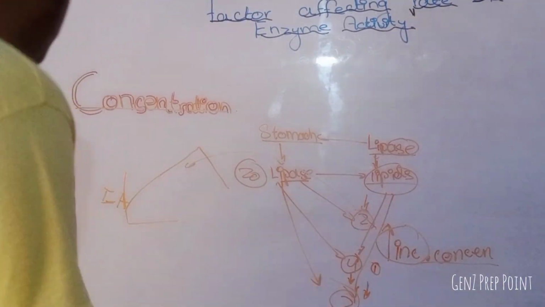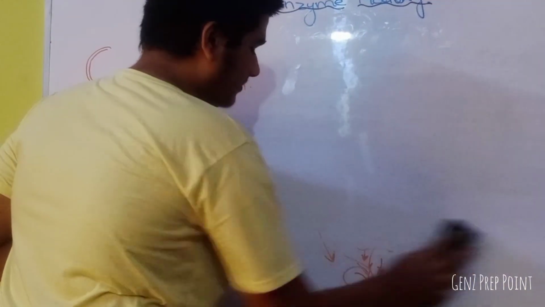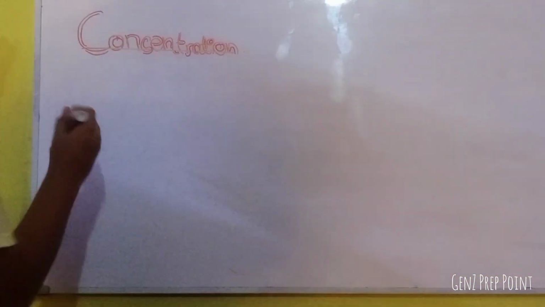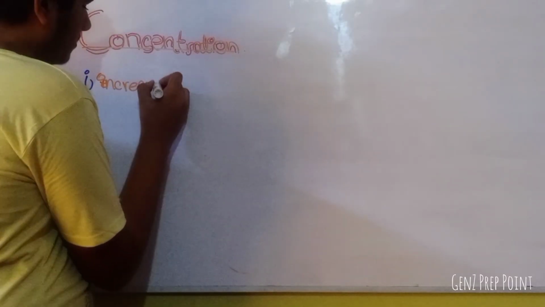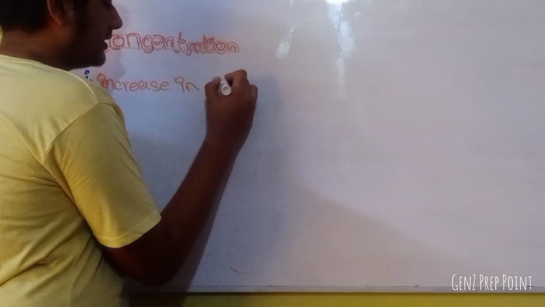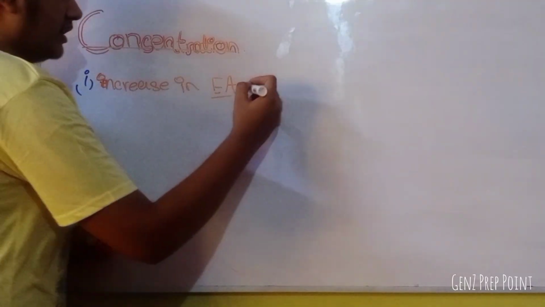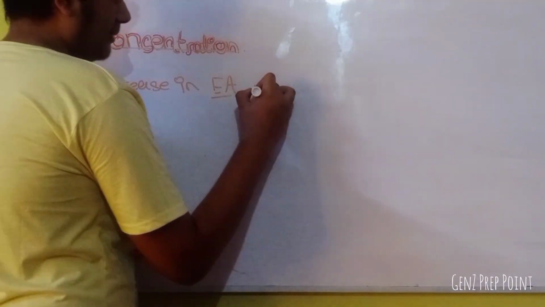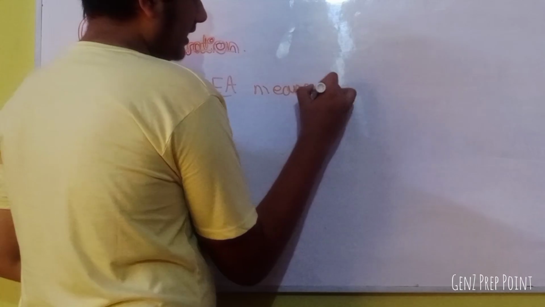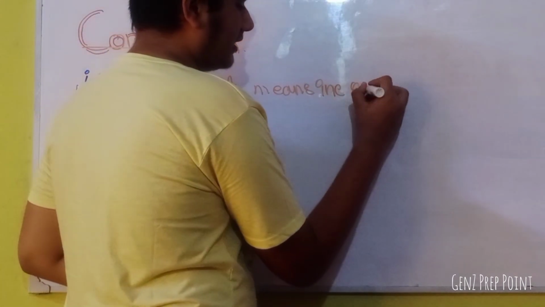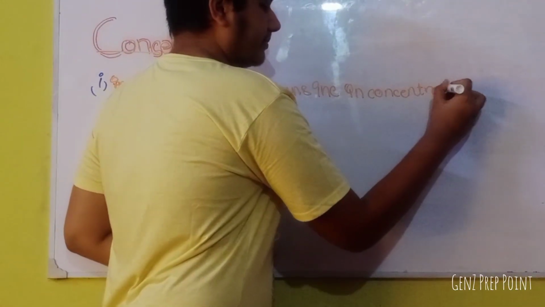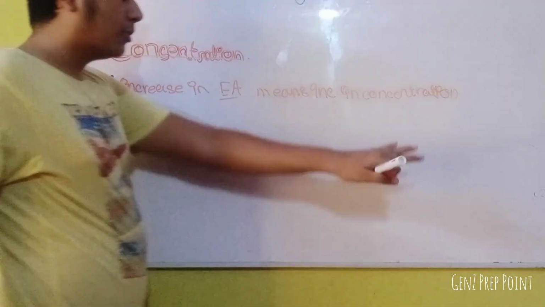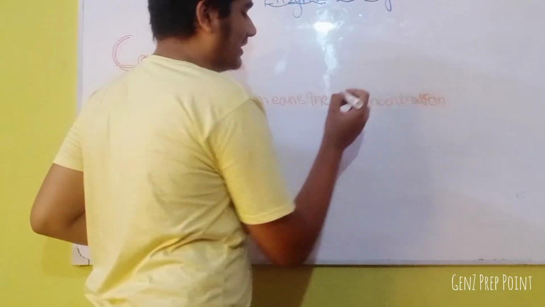So let's write it all down. Increase in enzyme activity, EA, enzyme activity, means increase in concentration. If you want to be more specific, you can say substrate concentration.